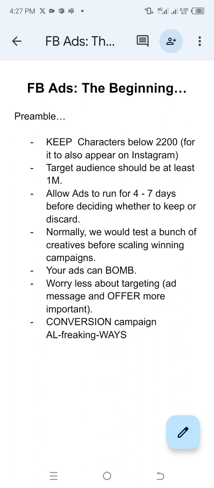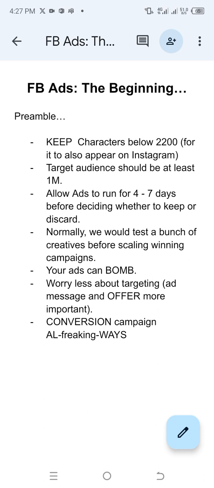And on the first day, we had only one sale for a product that was selling for 2,000 naira. I'm thinking, I'm not bothered, because I know that it will take some time for Facebook to pick up on what is going to work. The next day, we got 6 sales.